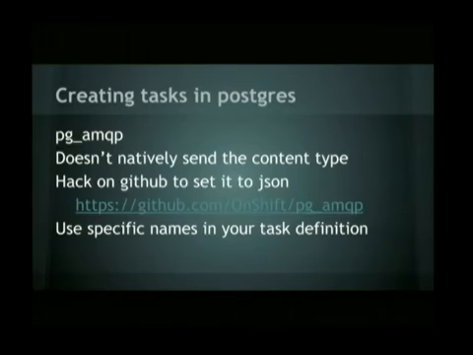The other thing we ran into was naming of tasks. In Celery, if you don't actually give a name for a task, it uses the path to your particular task as part of the name.